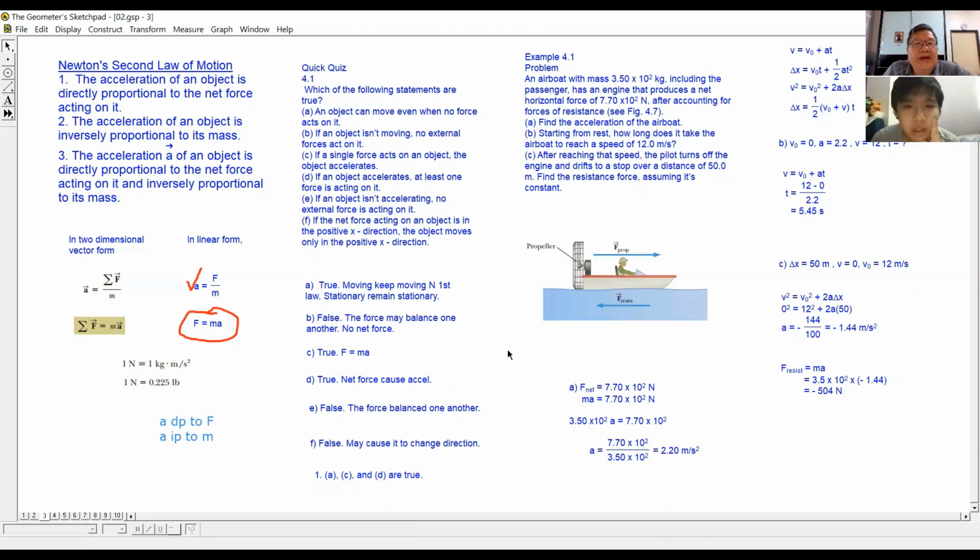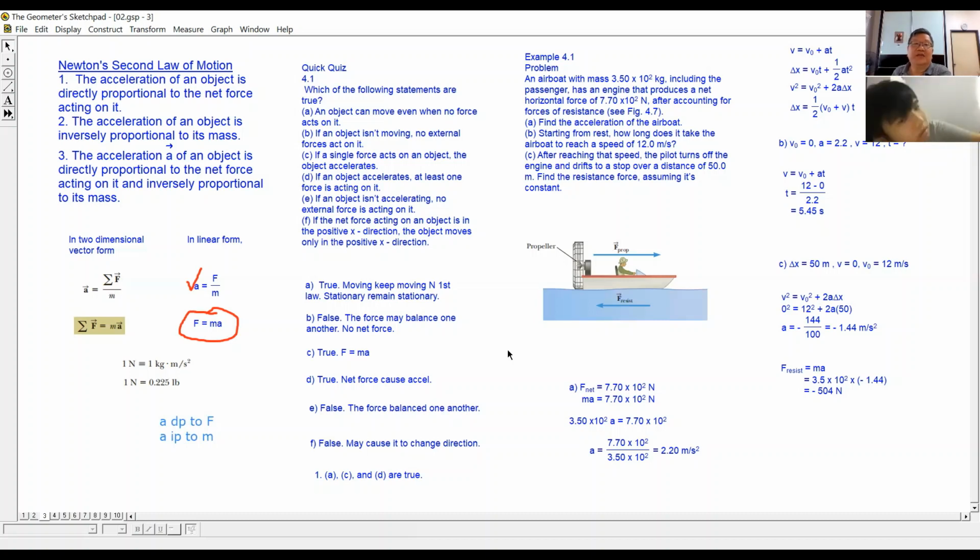If an object accelerates, at least one force is acting on it. This is true. If the object is accelerating, we can see this is one of the effects of force. An object accelerates, right? So if you see an object is accelerating, there must be a force behind it.